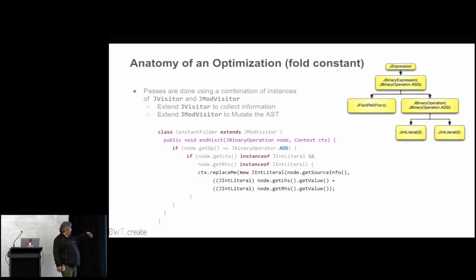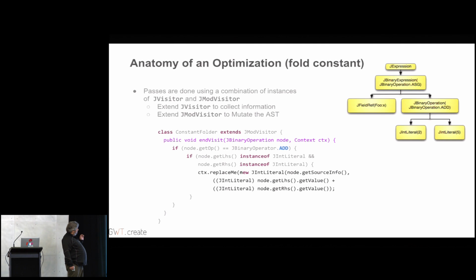So if you want to do a transformation like this optimization, you just extend the JModVisitor, and that one would have endVisit. You can override an endVisit for the particular node that you're interested in modifying. In this case, this is a constant folder that only cares about binary operations, and in particular only does addition.